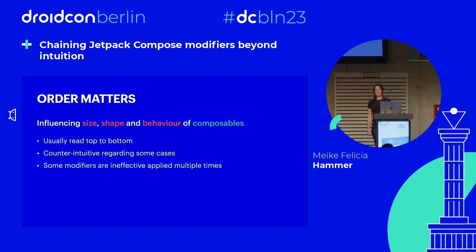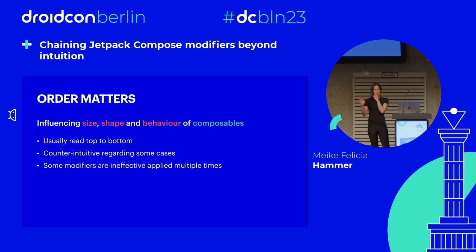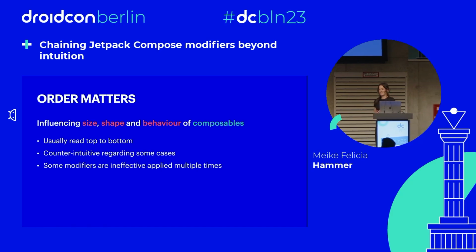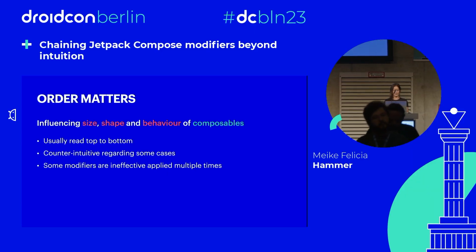It influences the size and the shape and also the behavior of our composables, because if you think about touch areas, that was hard to show in a presentation, but even touch areas are affected by that very much. So watch out if you scale too much and use size and offset things. Probably the touch area is at some other place than you would have expected.